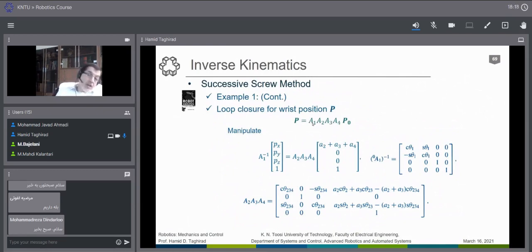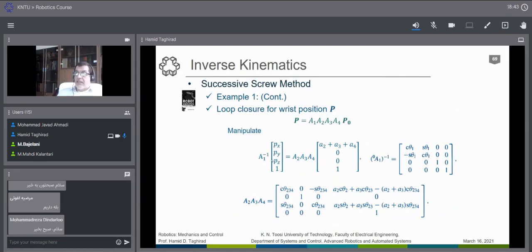And we take the A1 to the other side. So this should be multiplied by this vector, A1, A2, 3, 4, 0, 0, 1. This makes it much easier. So we go only with this one, and the last part is equal to the left-hand side.